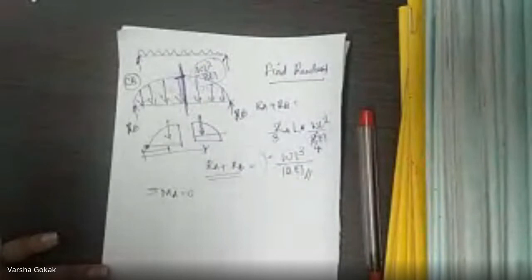If you're looking and telling, at least look properly. Which is 3 by 8? This distance is 5 by 8 and this distance is 3 by 8.